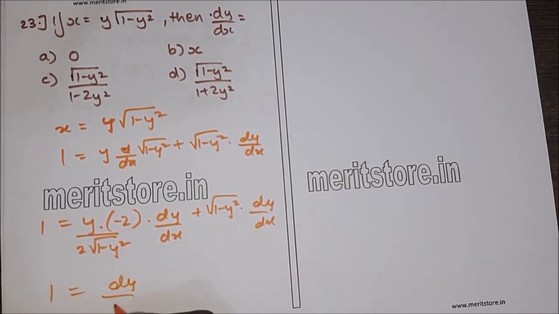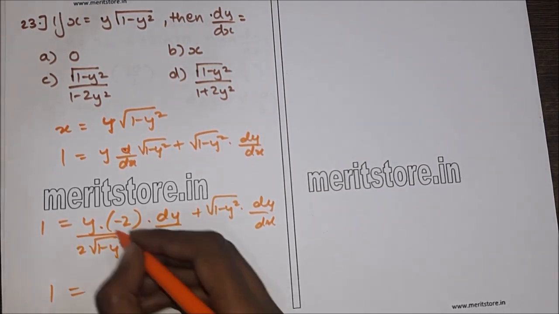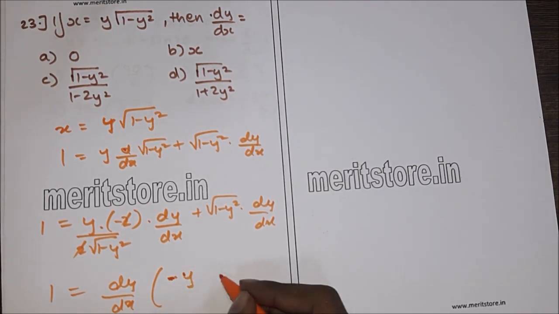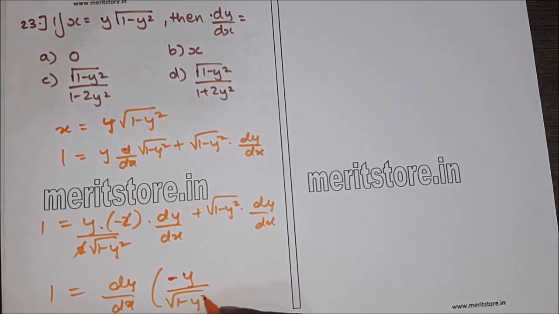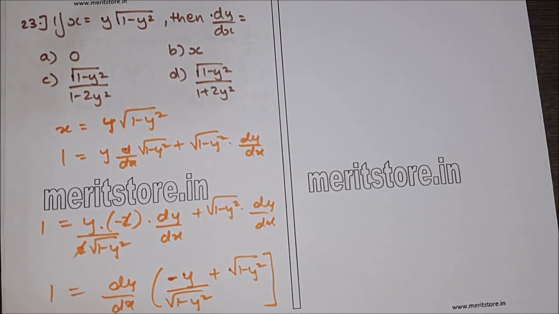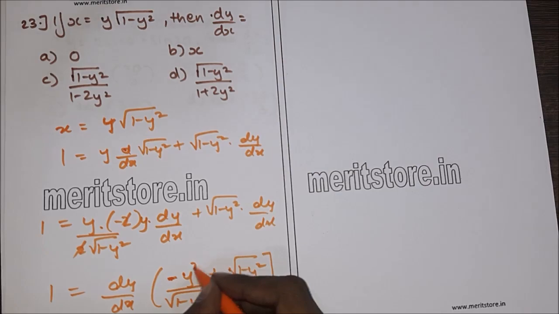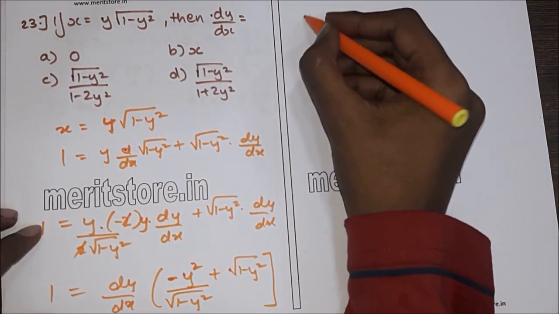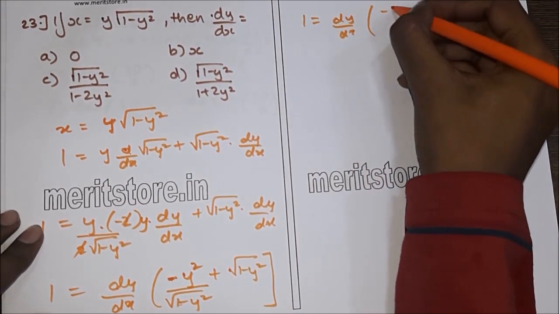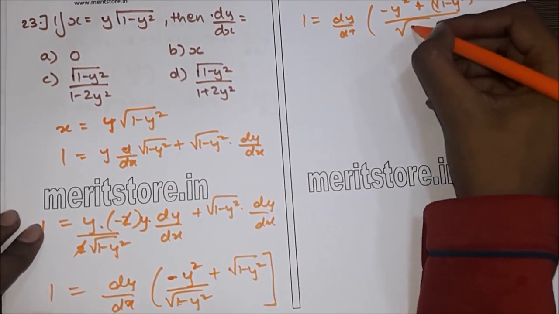Now we take dy by dx common, so we have 2 gets cancelled, so this is minus y upon root of 1 minus y square plus root of 1 minus y square. This is 2 into y, so this is y square. We cross multiply, we get dy by dx into minus y square plus root of 1 minus y square, the whole square upon root of 1 minus y square.